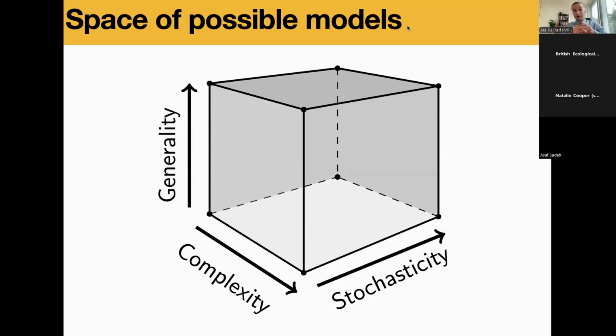So the starting point for this method is the way I think about the various methodologies that you can use to simulate evolution and ecology. I mean, you can extend it to broader modeling frameworks, but the idea is that in general terms, you can think of any sort of model for a biological phenomenon to be positioned in a three-dimensional space with one axis representing generality, meaning to what extent it is applicable to various different clades and species versus a model that is very specifically tailored to a given species.